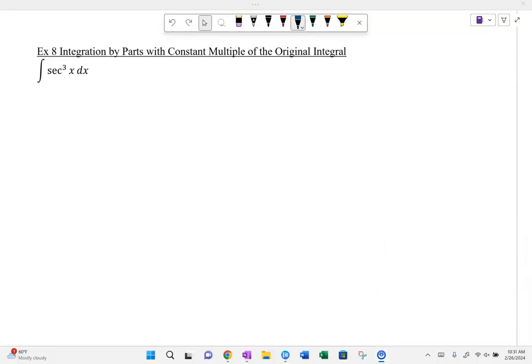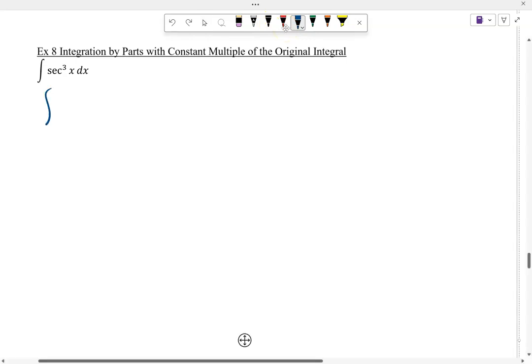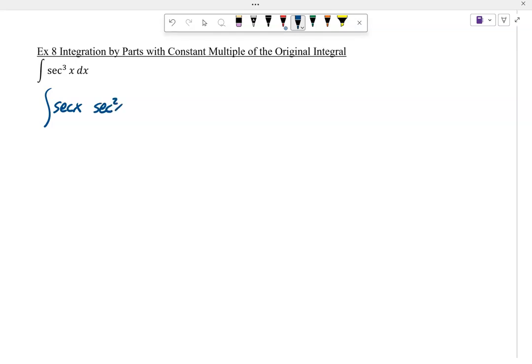Secant cubed. We're going to take a look now at it. This is called integration by parts with a constant multiple of the original integral. And so this one's a little bit funny. You probably want to think about this as the secant times the secant squared.